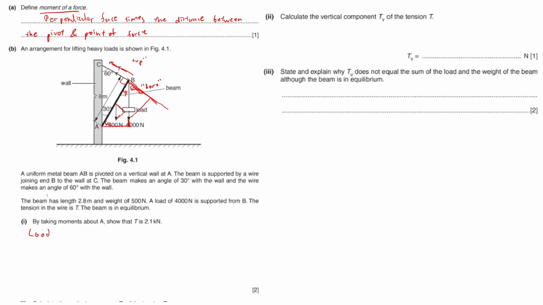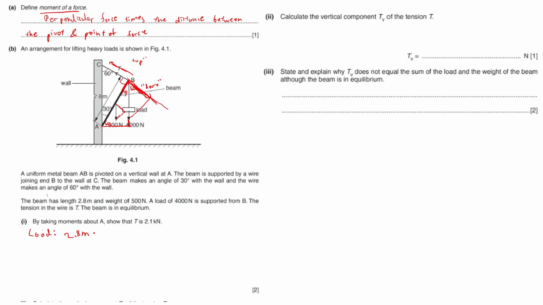So the moment of the load is going to be the length of the beam, which is 2.8 meters, times the weight, right? The weight of it going down, but it has to be perpendicular to the beam, right? So in this case, it's going to be on this side.